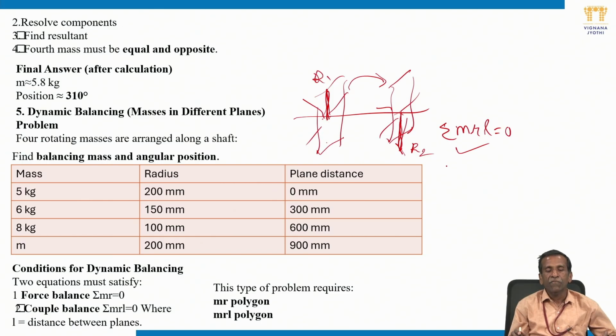You need to draw the force polygon and the couple polygon, and these two must be closed. The closing side you measure is equal to your MRL from the couple polygon. Then whatever the unknown M is, you can calculate.